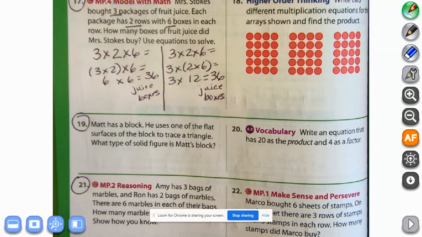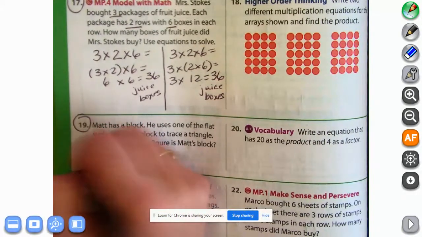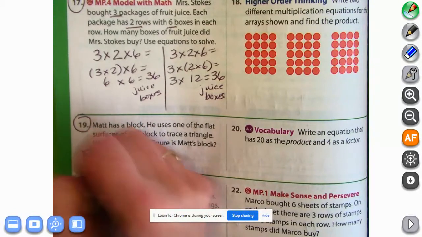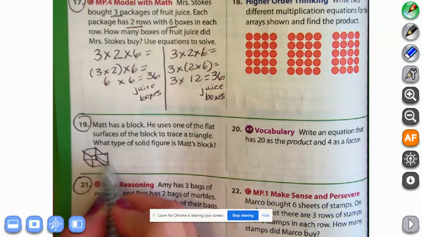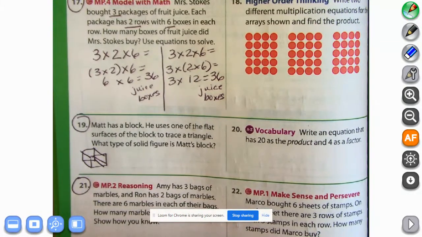Okay, so if he is using a block, I can't really draw a very good one, but if it's a container, a block, and he's doing just one triangle of it, what type of solid figure is Matt's block going to be?